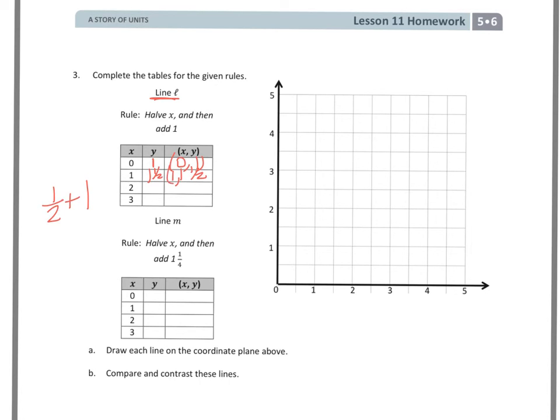So I have 1, 1 1/2. Half of 2 is 1, plus 1 is 2. And then I'll do the same. Half of 3 is 1 1/2, plus 1 is 2 1/2. So it looks like for every 1 I'm going up in the x, I'm going up a half in the y.